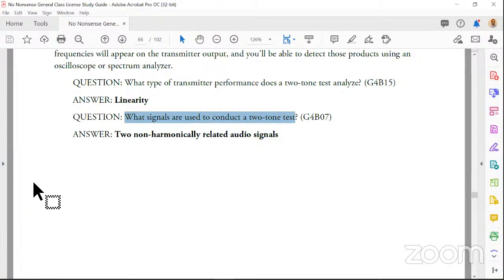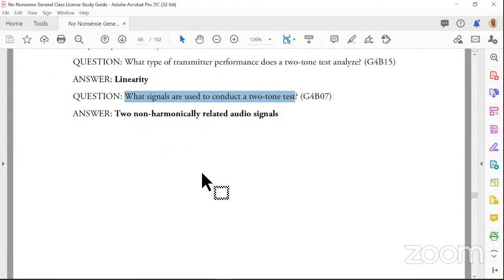Remember we showed there some software we can use, there are devices you can also use to generate those two tones. You can choose what those two tones are. But in choosing those two tones, we said that those two tones must be non-harmonically related audio signals. So they're audio signals, yes, but one must not be a harmonic of the other. So that's what's meant by non-harmonically related.